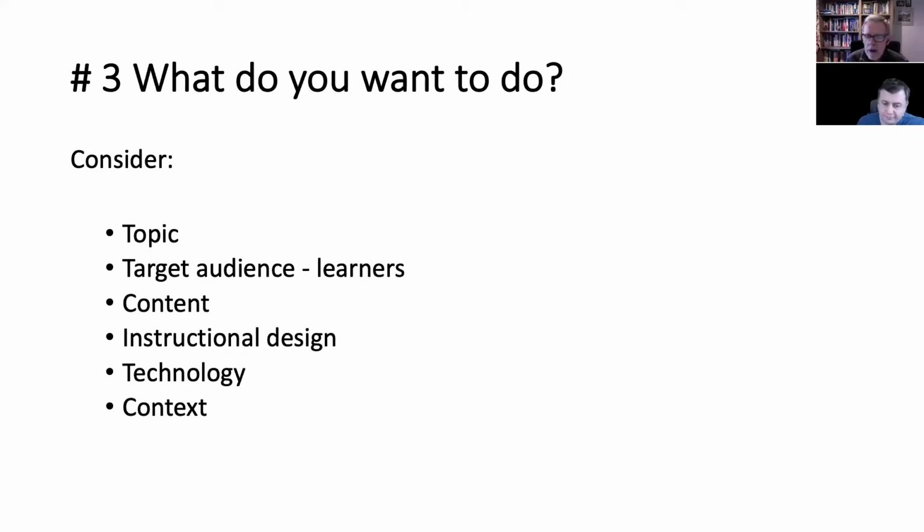And where is it going to be done? The context. Because effective use of technology for teaching and learning requires careful alignment for all of these factors. And if these various factors are not in alignment, it is unlikely that the technology enhanced learning intervention will be successful.